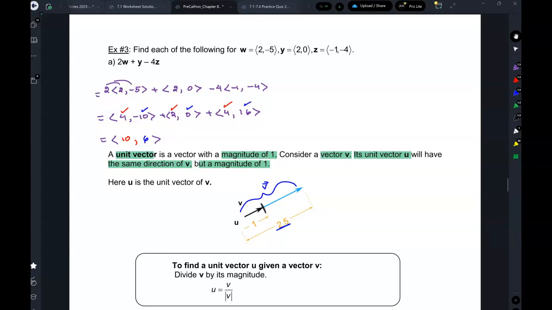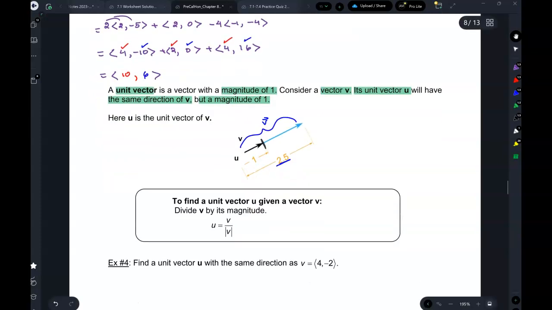It has identical direction with vector v, but it's just 1 unit long, all right? So it basically can represent the direction of something. If you just want to know where something points, you don't have to carry around a vector that is like 700 units long in your pocket, right? You could just have a little unit vector and it'll tell you exactly where your vector should be pointing, all right?